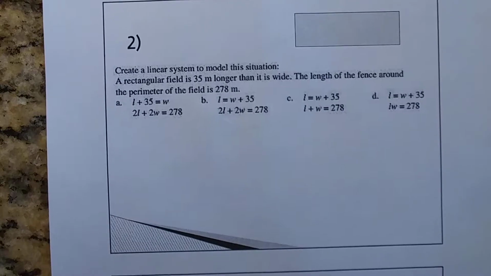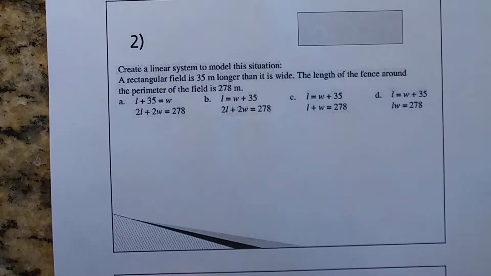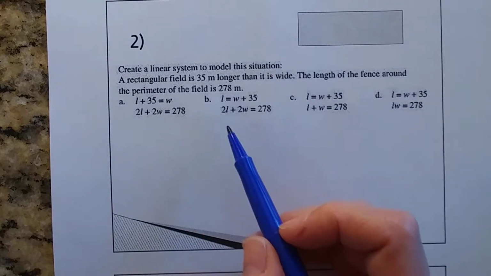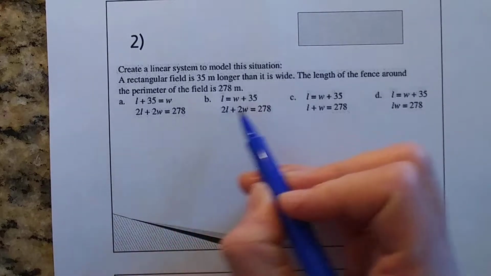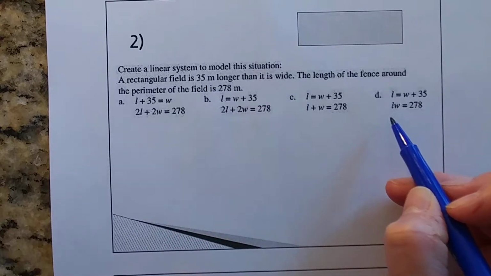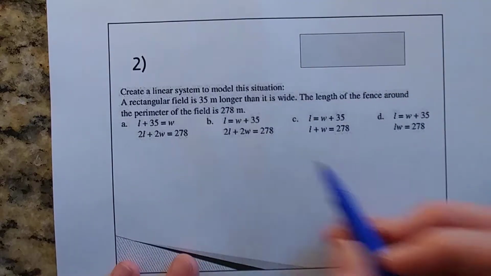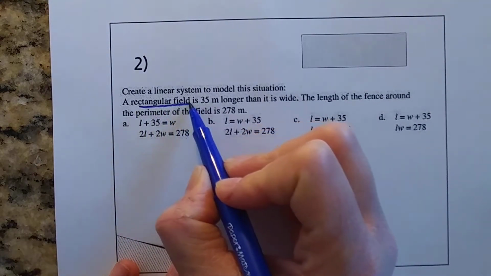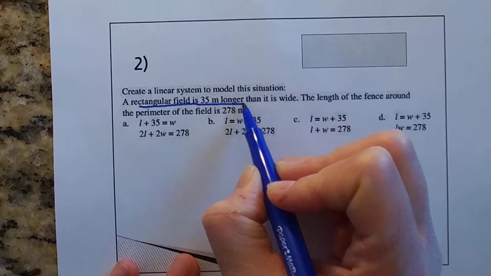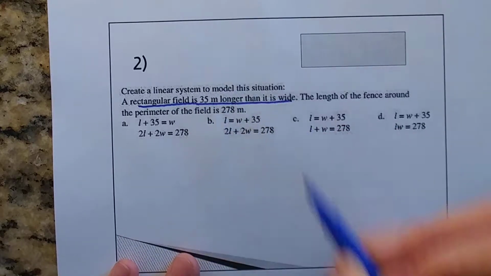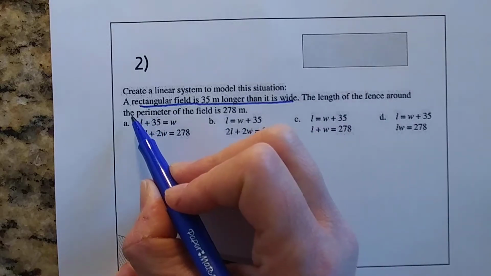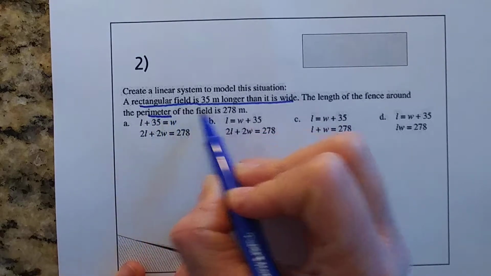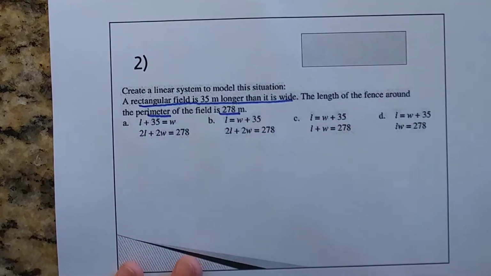Let's look at number 2. It's asking us to create a linear system of equations to model the situation. We have 4 choices of systems. This is about a rectangle. A rectangular field is 35 meters longer than it is wide. The length of the fence around the perimeter is 278.